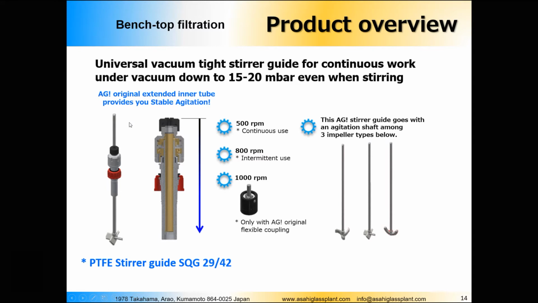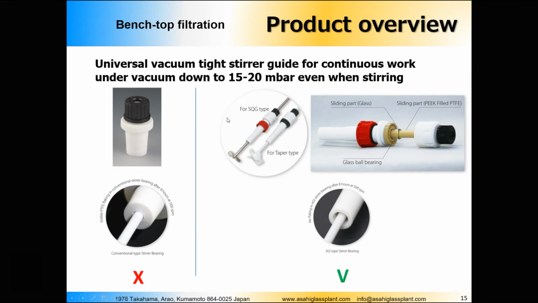This is something very unique, I would say, because this is the type of stirrer guide that can really work continuously under vacuum down to 15 to 20 millibars, even when stirring. So this is very important. Let me show it to you in more detail.